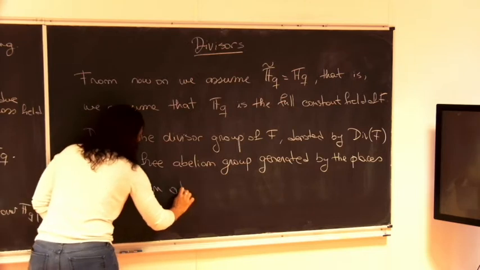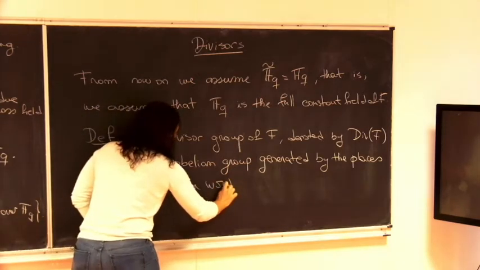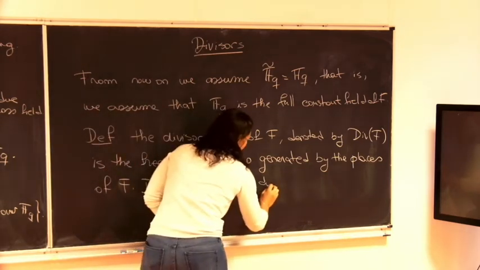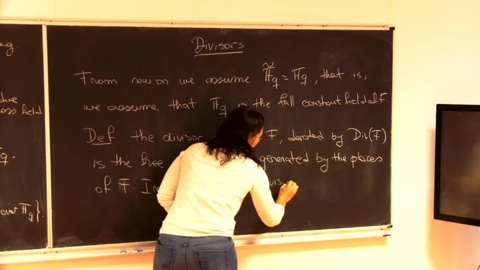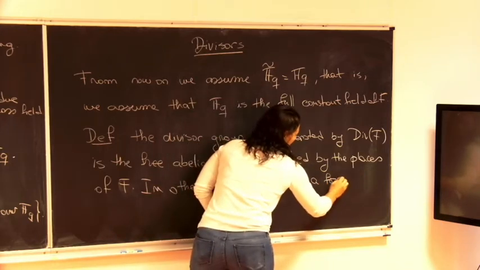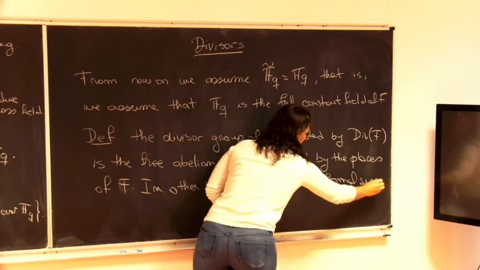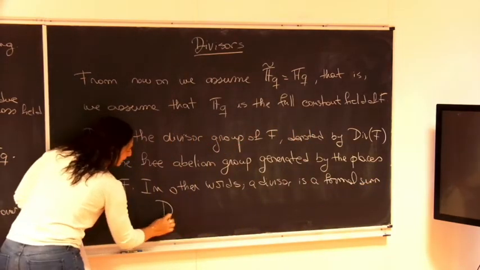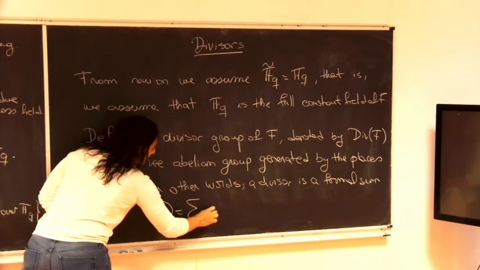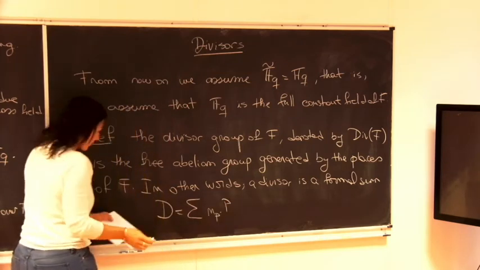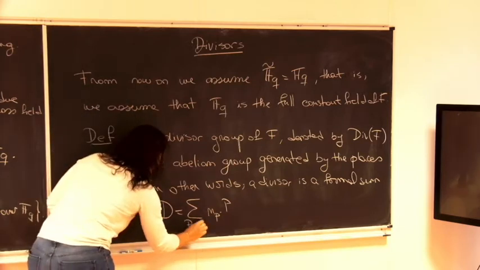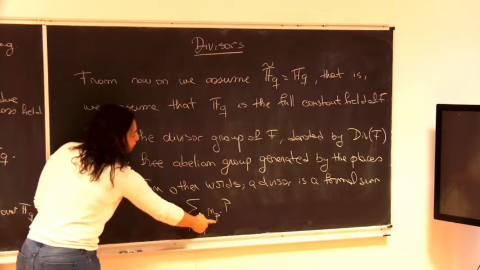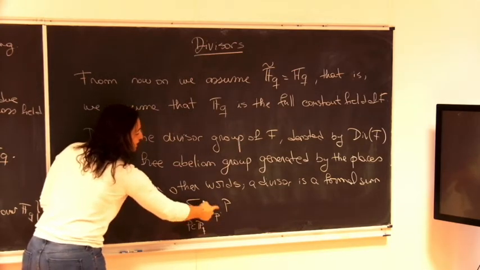In other words, a divisor is a formal sum that I can write as the sum of NP times P for all the places P of F, such that almost all of these coefficients are 0.